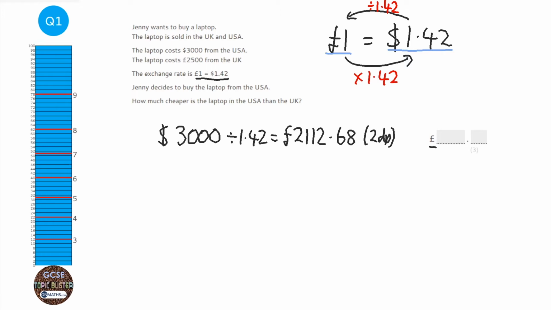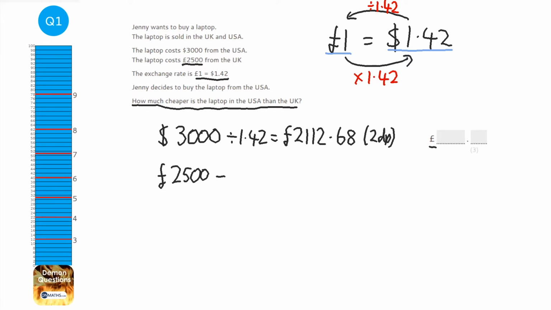So it says also that the laptop costs £2,500 in the UK, and how much cheaper is the laptop in the USA than the UK. So what we need to do now is £2,500, which is the price of the laptop in the UK.